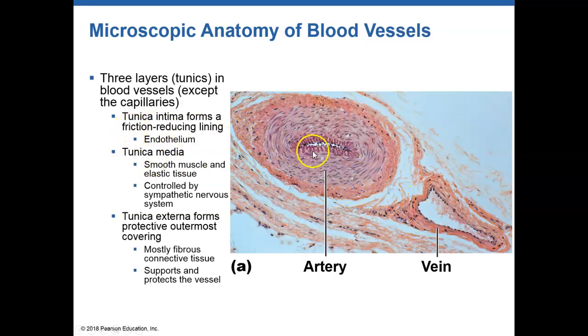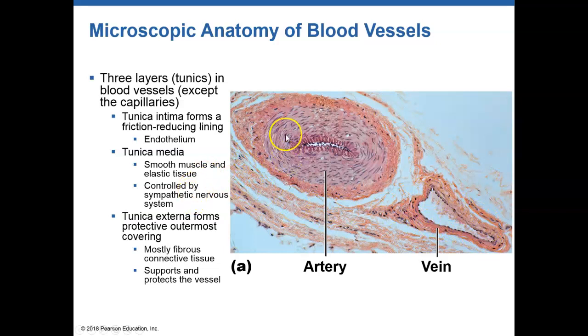So the tunica intima is the innermost layer, and it's a layer of endothelial tissue, so basically epithelial tissue with underlying areolar connective tissue surrounding it. Then we have the tunica media. Tunica media contains smooth muscle, and then we have elastic connective tissue also within both arteries and veins in that tunica media.